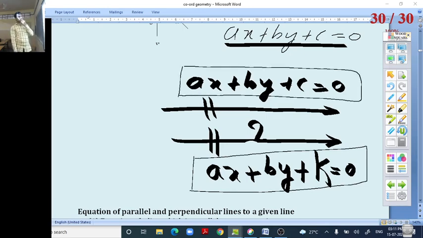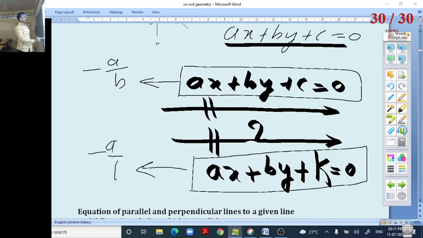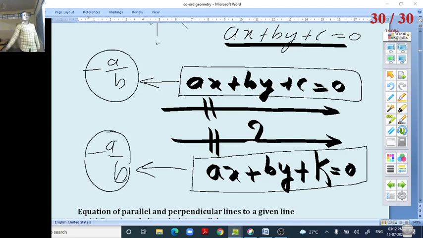If you observe the slopes, what is the slope of this line? Minus a by b. What is the slope of this line? Minus a by b. It means both the lines have the same slope. If the slopes of any two lines are the same, then I can say that the two lines are parallel. So the same condition will be applied here.